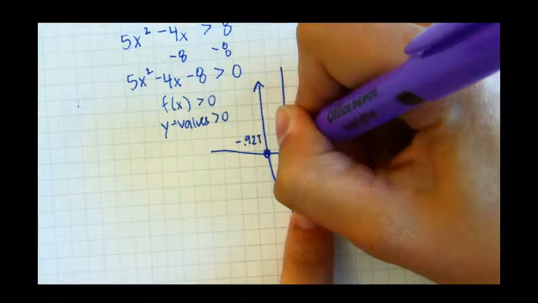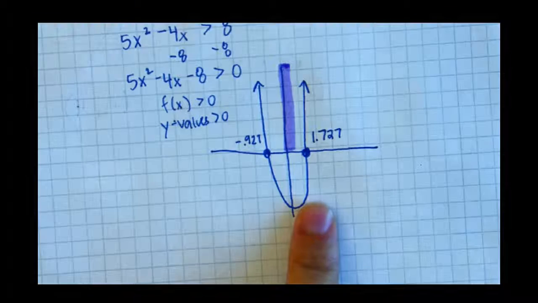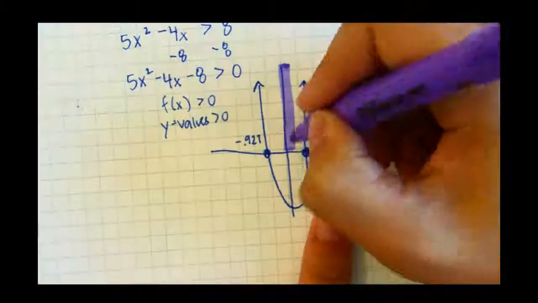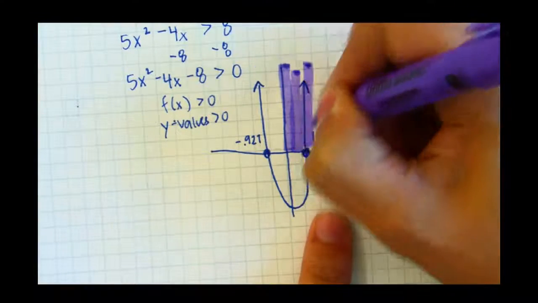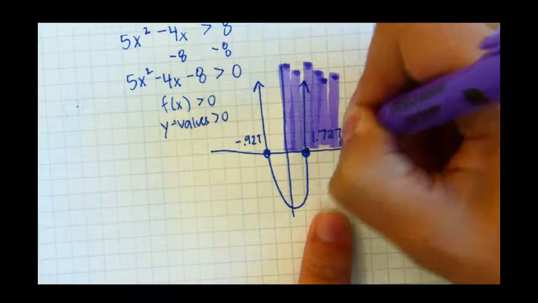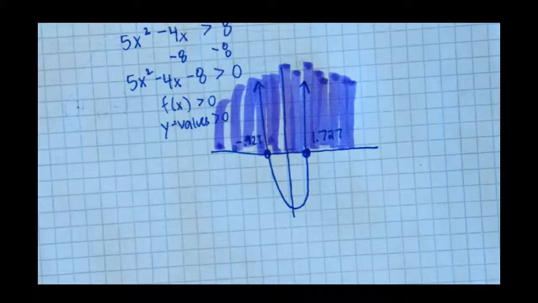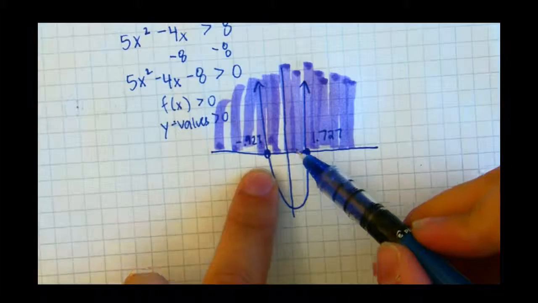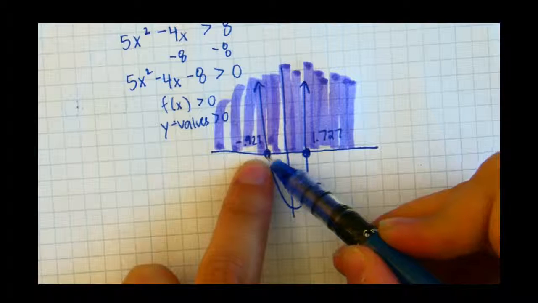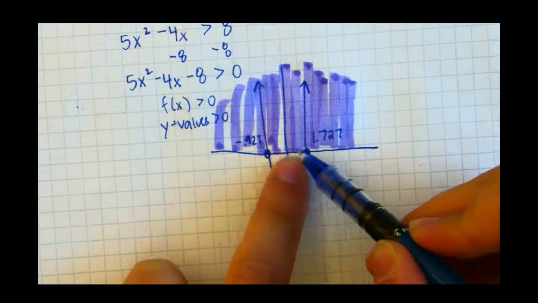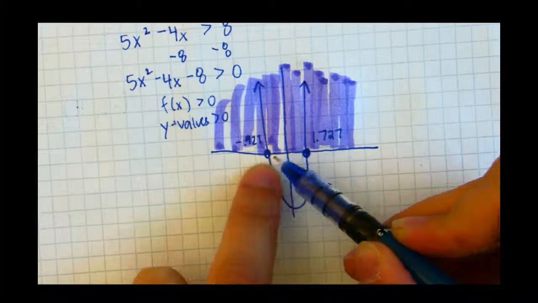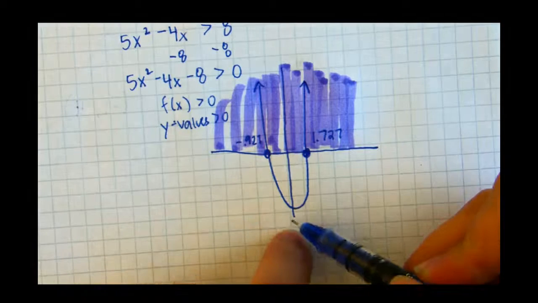Well, my greater than 0 part is everything above the origin. So it's this whole section of my graph. It's excluding the x values in between these two, because that's where my graph is less than 0.